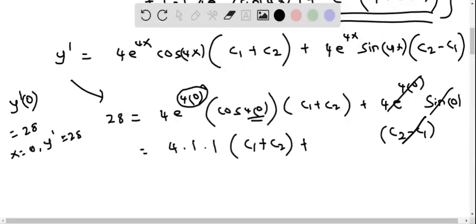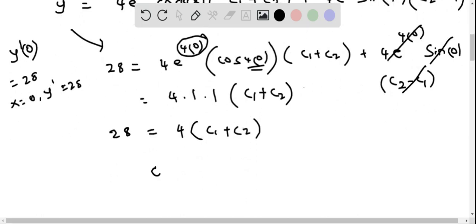We will be just left with 4 times 1 times 1, which is 4(c1 + c2), and on the left side we have 28. Now we can simplify and rewrite this as c1 plus c2 equals 28 divided by 4, which is 7. Let's say this is equation 1.